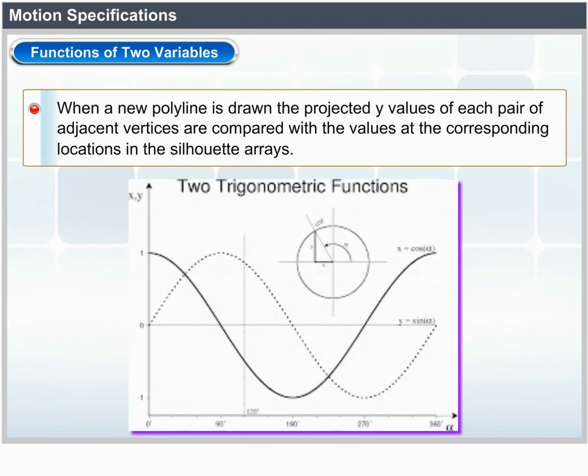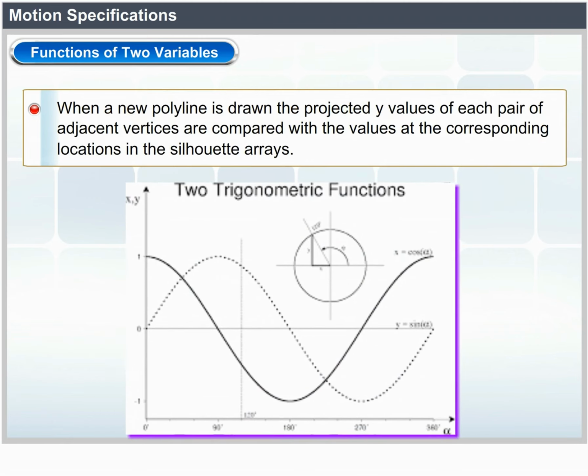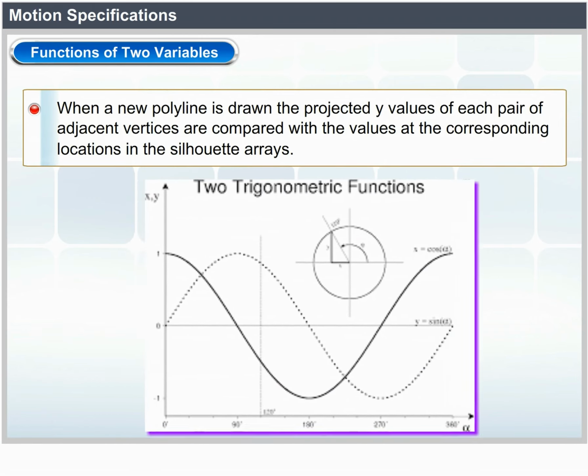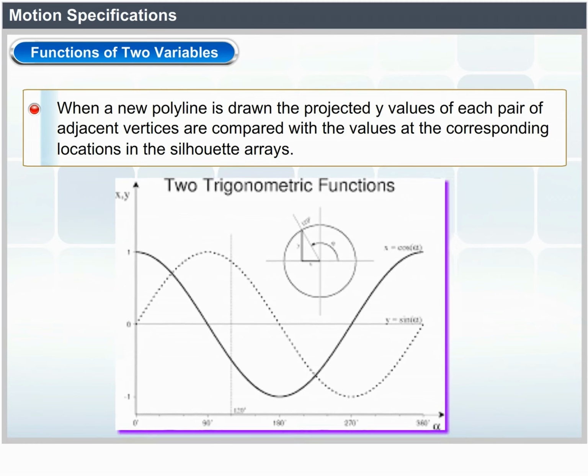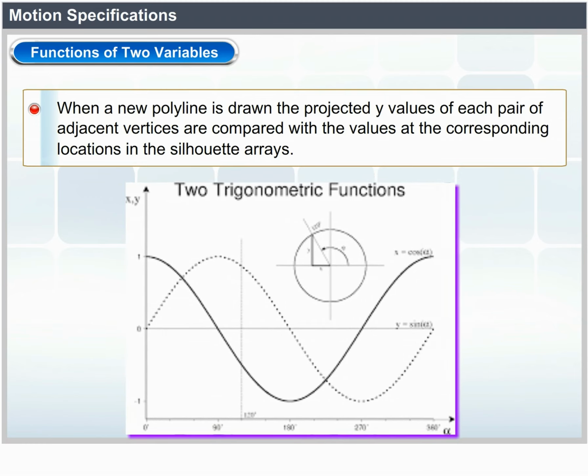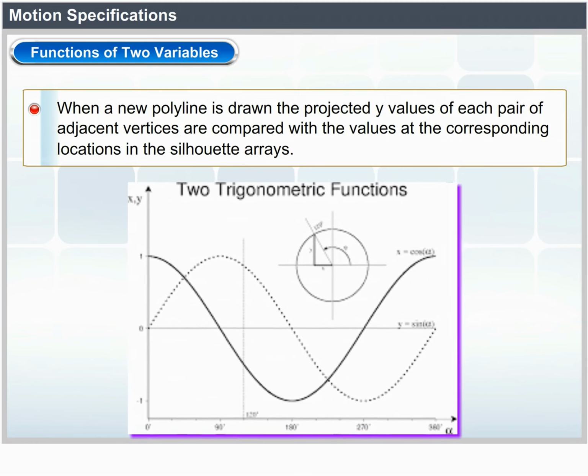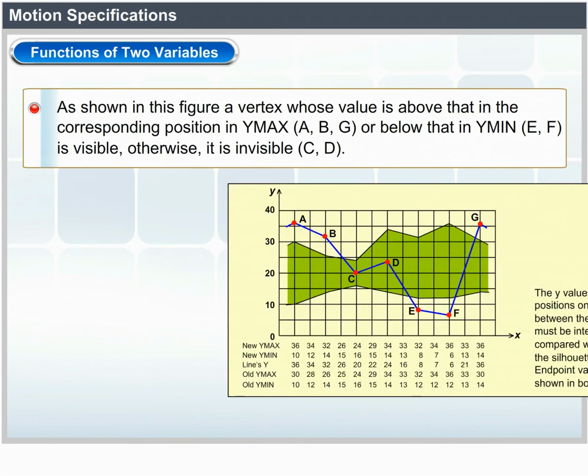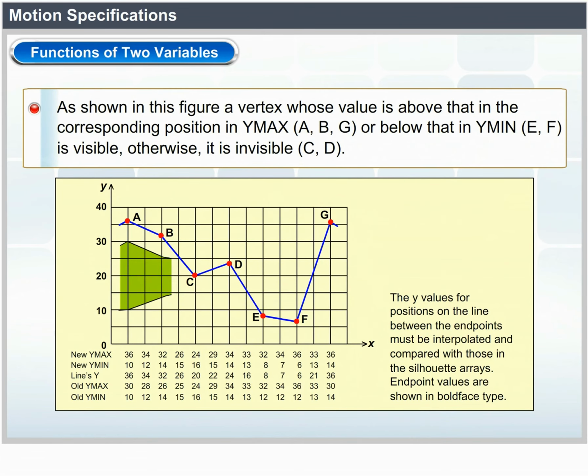When a new polyline is drawn, the projected Y values of each pair of adjacent vertices are compared with the values at the corresponding locations in the silhouette arrays. As shown in this figure, a vertex whose value is above that in the corresponding position in Ymax (A, B, G) or below that in Ymin (E, F) is visible. Otherwise, it is invisible (C, D).